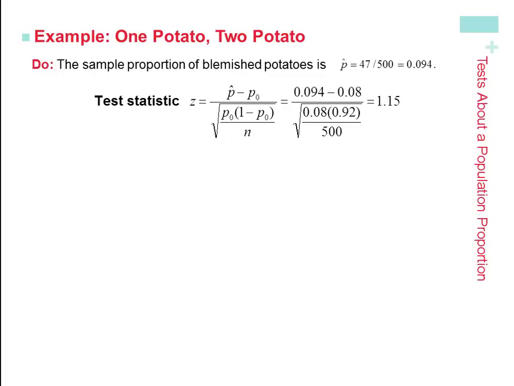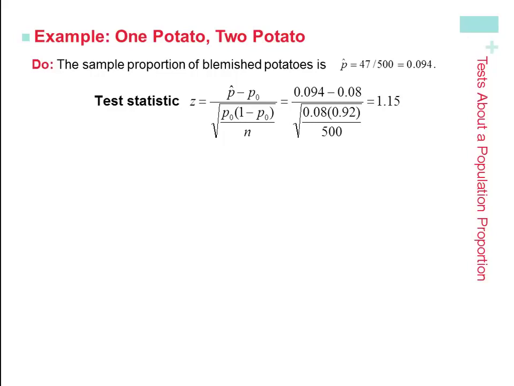The sample proportion, 47 divided by 500, p-hat, is 0.094. P-naught is 0.08, and I plug that in where the p-naught is, and my sample size was 500. When I calculate my z-statistic, it ends up being 1.15.